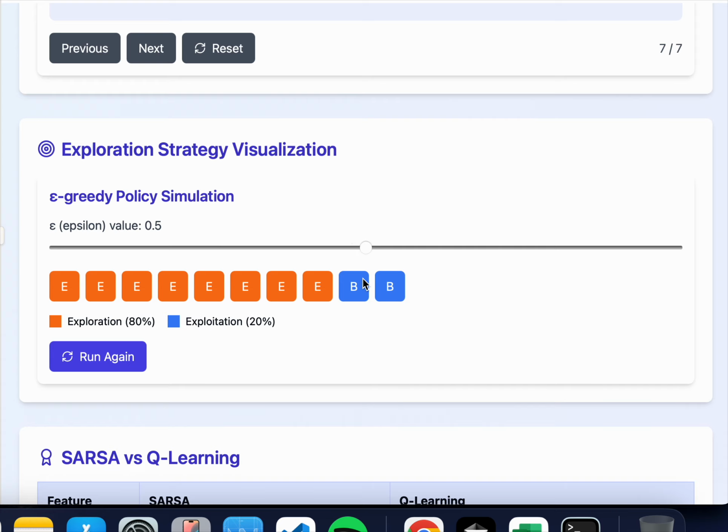So here we can see epsilon, and look at our exploration and exploitation rates, and again you can see 0.8, and exploitation is less, and finally here all of them is orange.